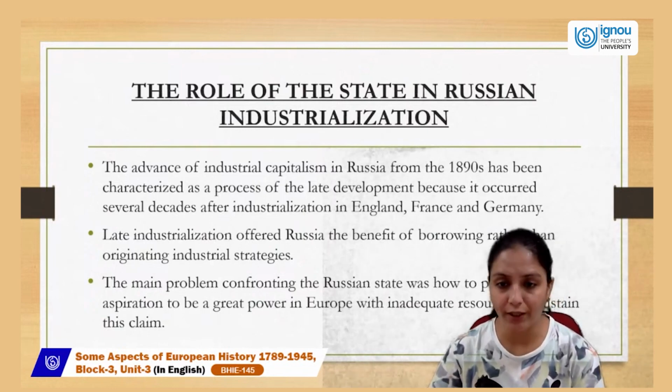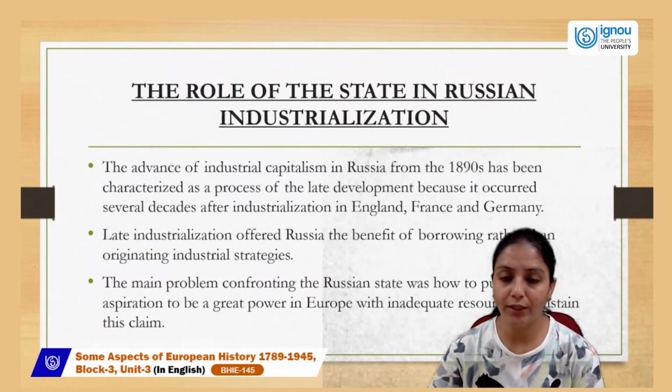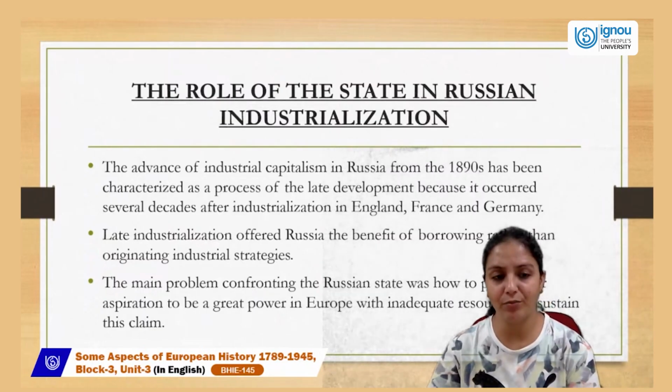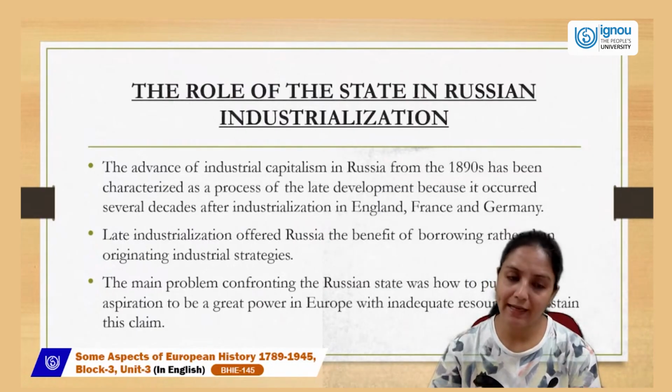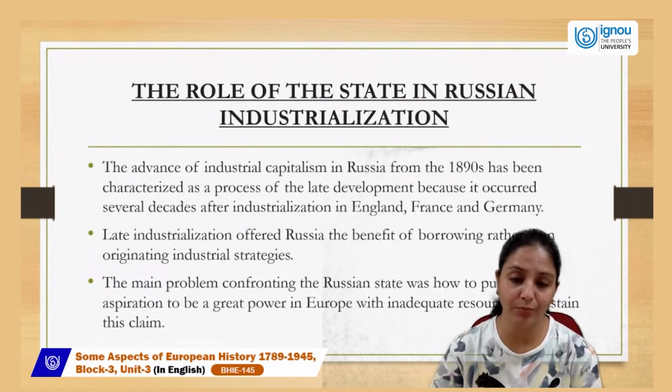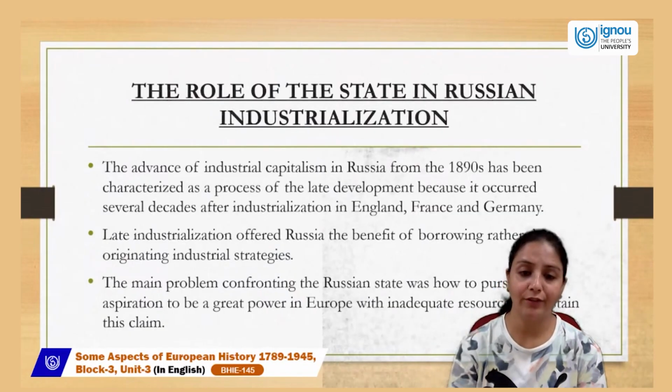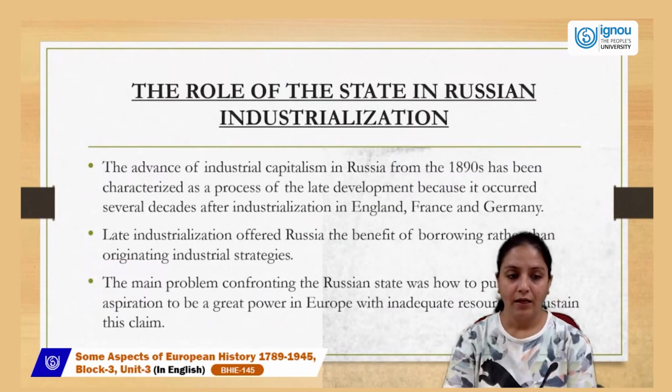It was borrowing the benefit from France, England, and Germany. Yes, that was the main reason. We can say late industrialization, but Russians were not facing that much defeat in front of them.